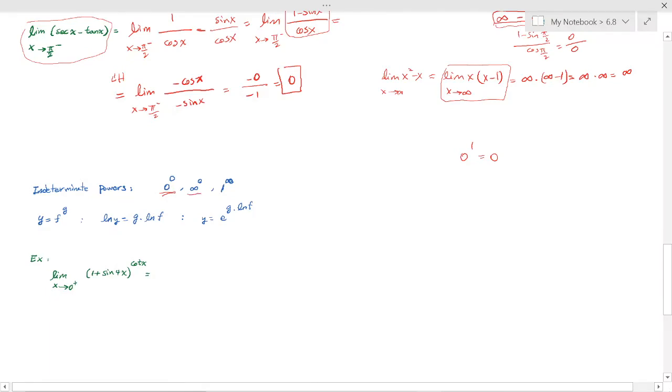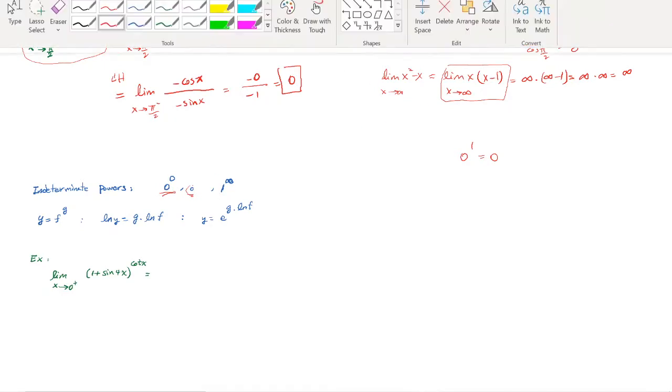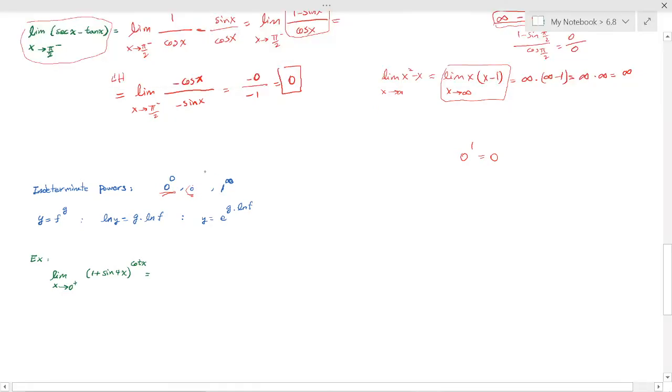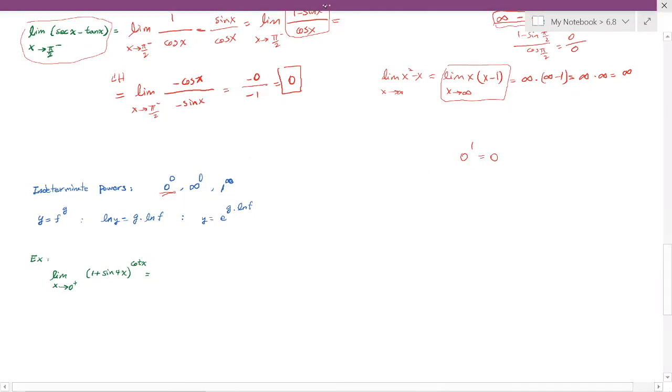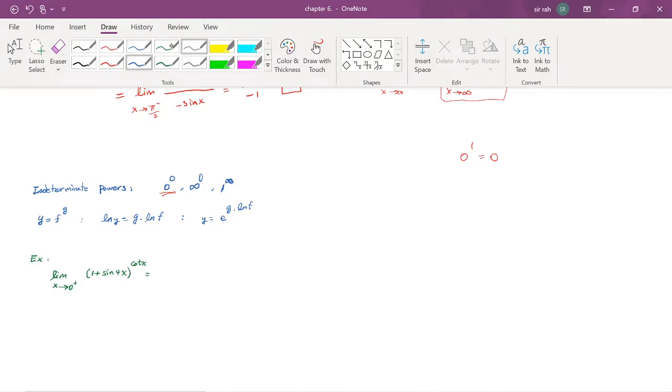Infinity to the power 0 is another indeterminate form, meaning: is this number large enough that the power 0 turns out to be 1, or is it a different number? And 1 to the power infinity is indeterminate as well. This is in the limit sense.